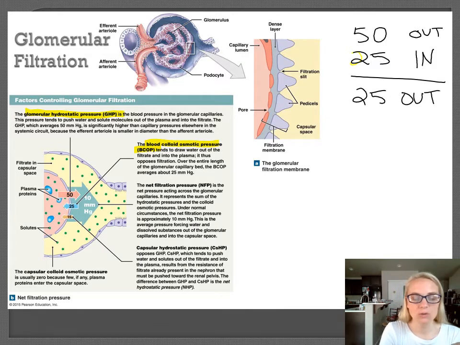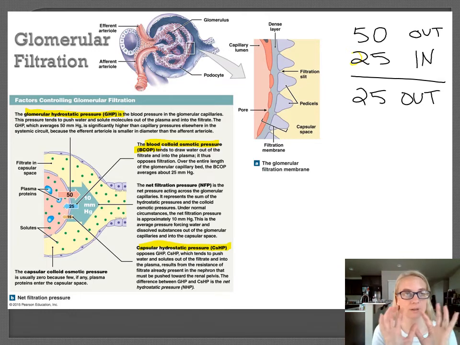Now we have a new pressure that we have to identify. It's called the capsular hydrostatic pressure, or CSHP. This is the idea that your nephrons, the Bowman's capsule, or the glomerular capsule, and the PCT, and everything else down the line is filled with fluid. It's a hydrostatic environment. So if you are trying to push fluid against a fluid-filled tube, it's going to resist that push.